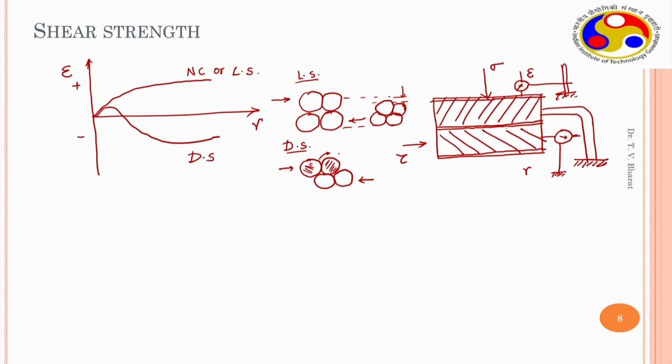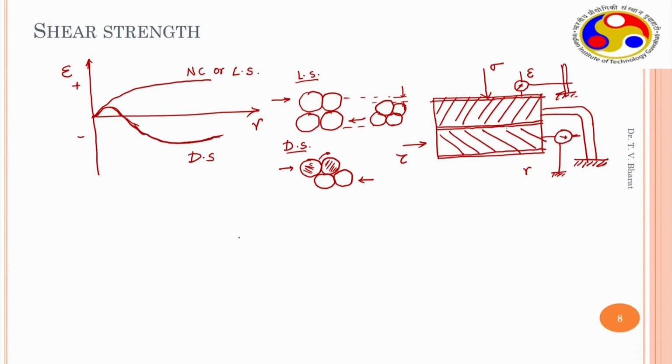This particle has to roll up onto the other particle, because of which the stress increases and reaches a peak value, and after that the stress drops and strain softening is exhibited because of this behavior. Because of this, the volume of the sample increases: initially a small settlement takes place, after that dilation, or increase in the volume, takes place within the soil mass. So this is observed in saturated soils.